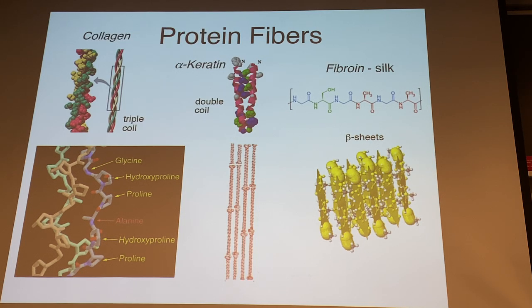Anybody remember or know what cofactor is required to make collagen, connective tissue in the body, synthetically? The cofactor is a what? A vitamin? Ascorbic acid? What's another name for ascorbic acid? Vitamin C, right?